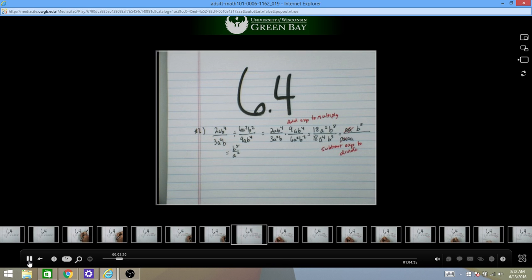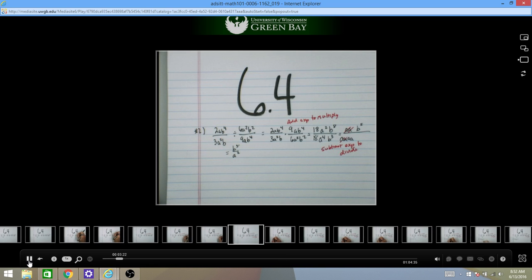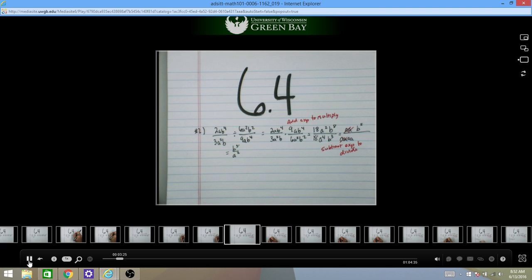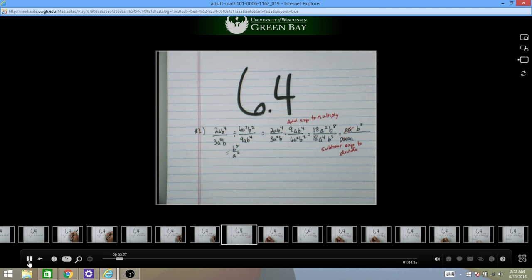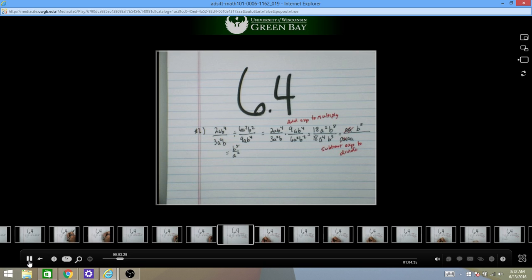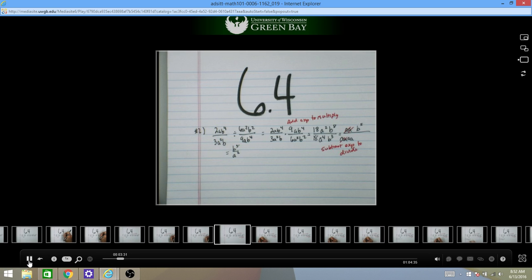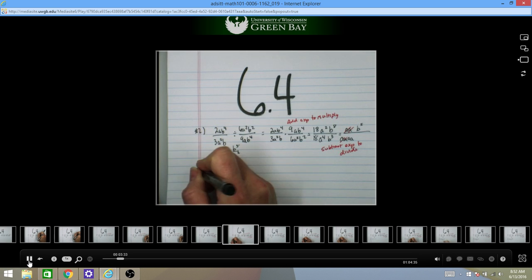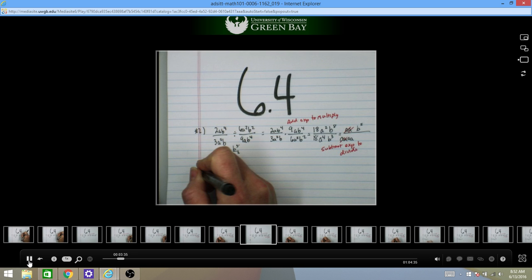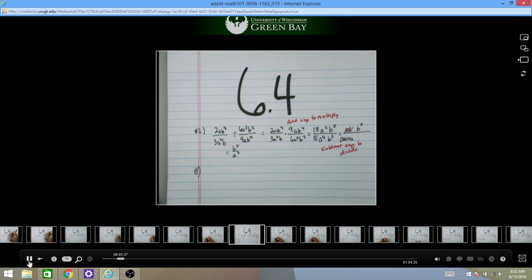Let's see. And then we have number 18. Divide using long division.